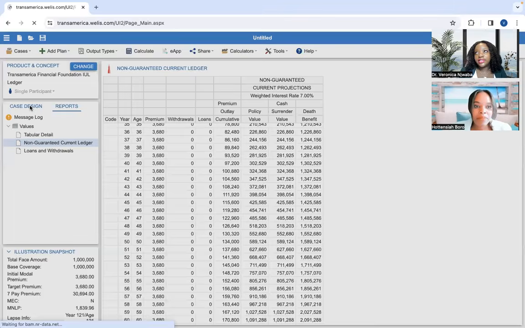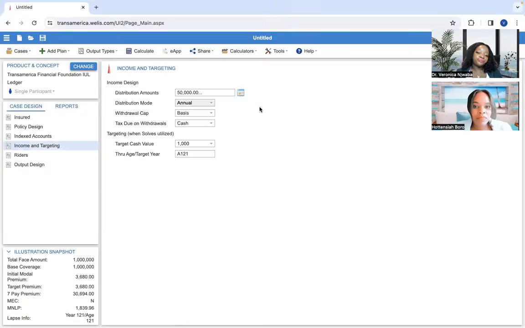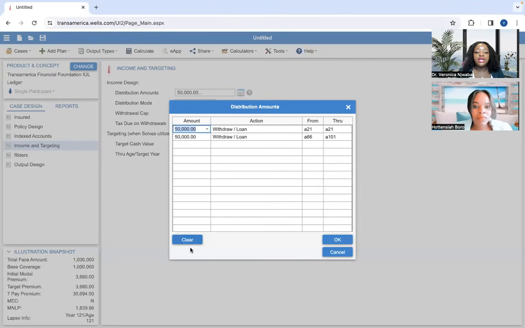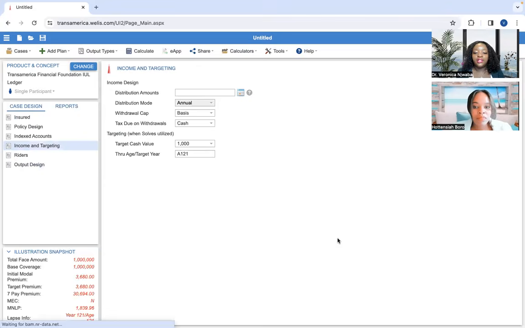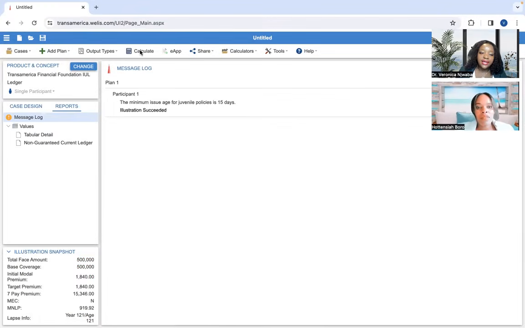But also, I do understand that every parent is different out there. So depending on income, let me clear this so I can show you something else. Let's say this parent cannot do a $1 million policy yet, but they can contribute, let's say, a 500,000 policy. If this is where they want to start, they still can.